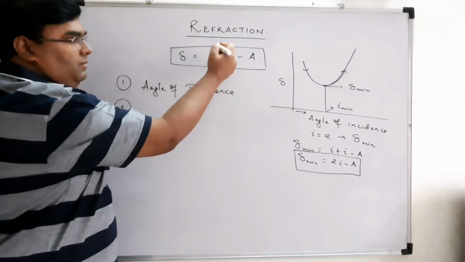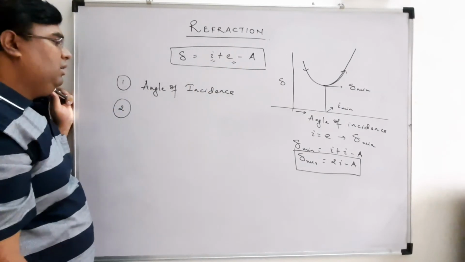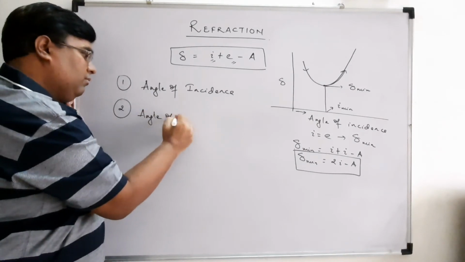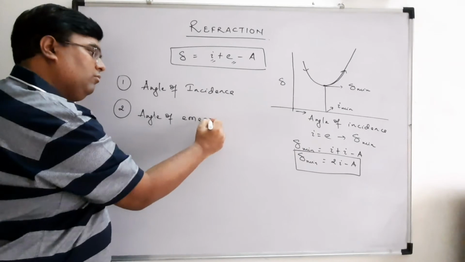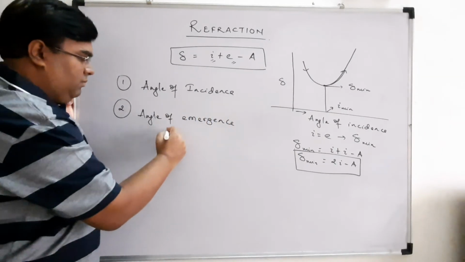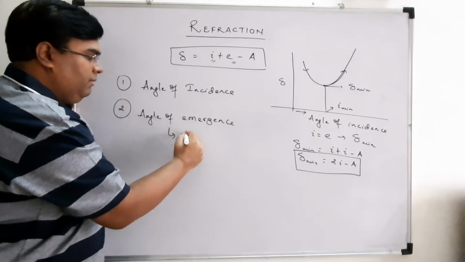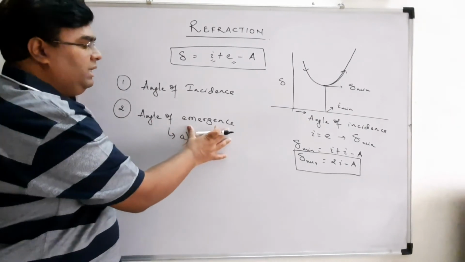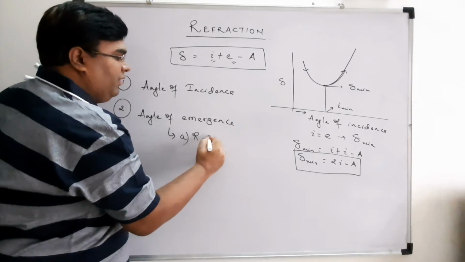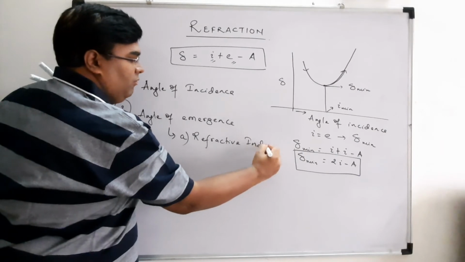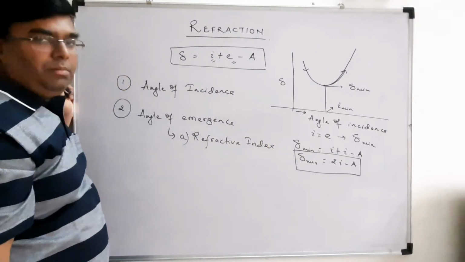Now the second factor, of course, angle of emergence. This depends on two things. First, the angle of emergence is dependent on the refractive index of the prism.